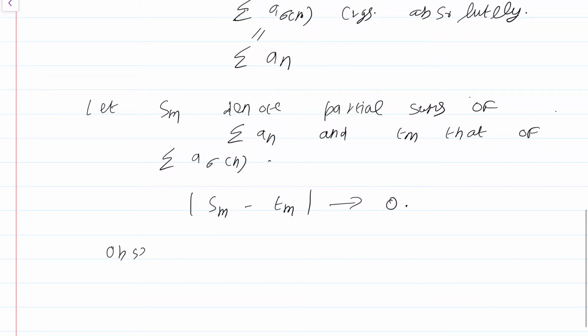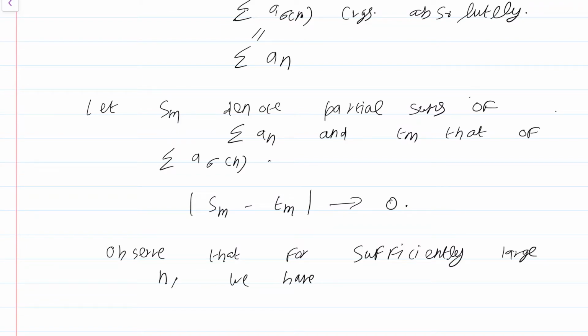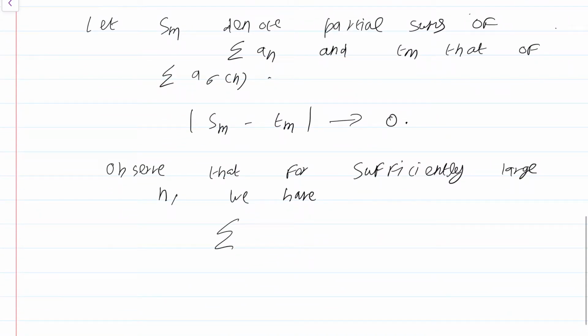Observe that for sufficiently large n, we have summation mod Aj, j running from n to infinity, is less than epsilon. So I have to fix epsilon greater than 0.